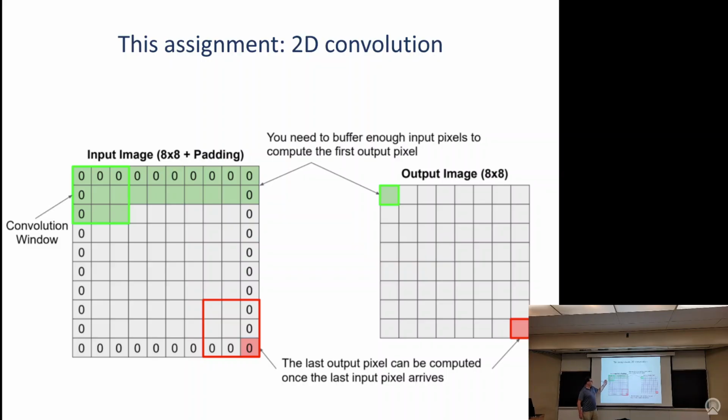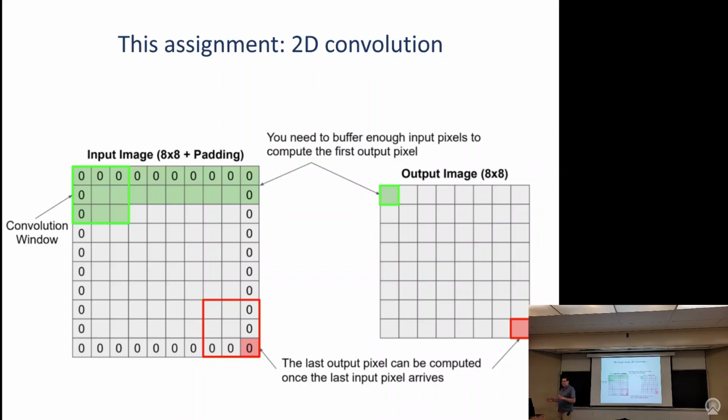You can't compute any outputs until you get this far. Once you get this many pixels, you can actually compute this output. Okay? Then every time you get a new pixel, you can compute a new output, right? Because you can just now keep shifting along. You can't compute this last pixel here until you get the very last pixel, which happens to be a padding pixel for the image.